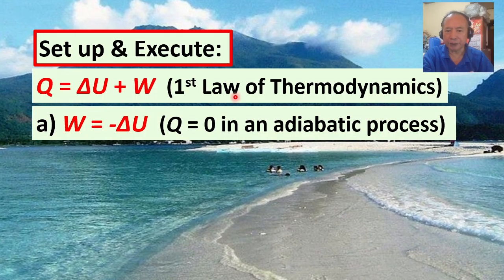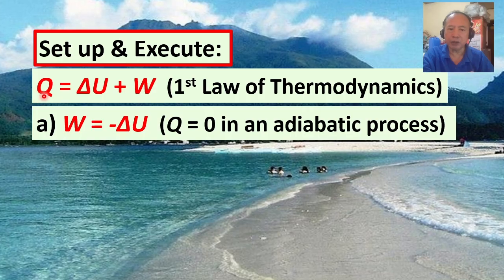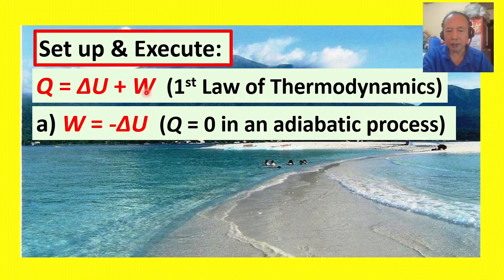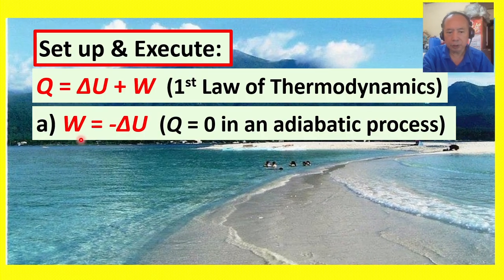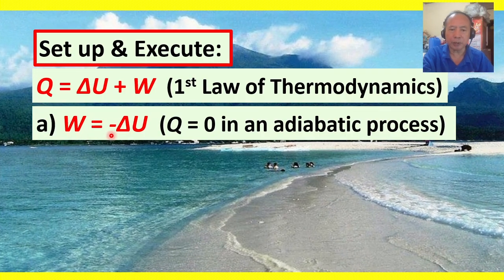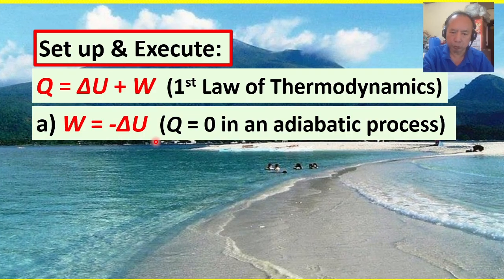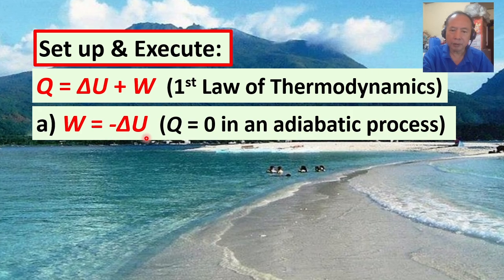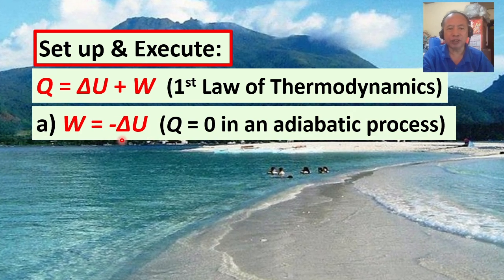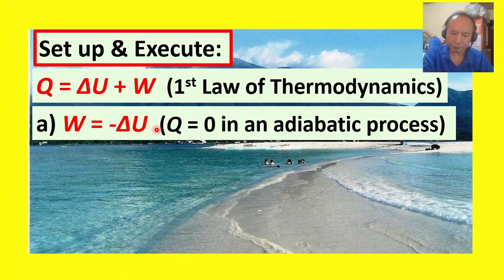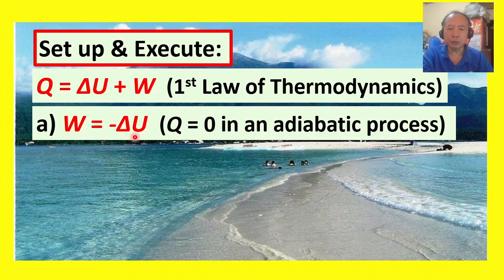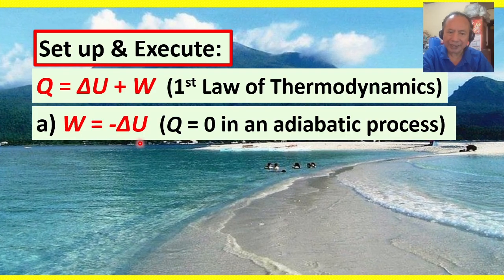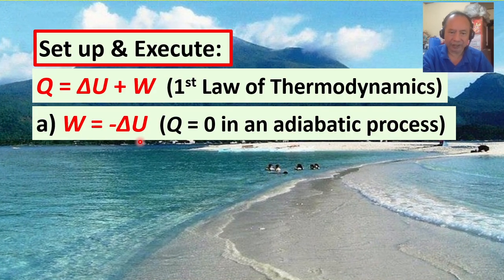And from the first law of thermodynamics, if big Q is 0, then when we transpose and isolate capital W, it turns out that capital W will just be equal to negative delta U. And according to our chosen sign convention, a negative delta U means that the internal energy of the system is decreased.